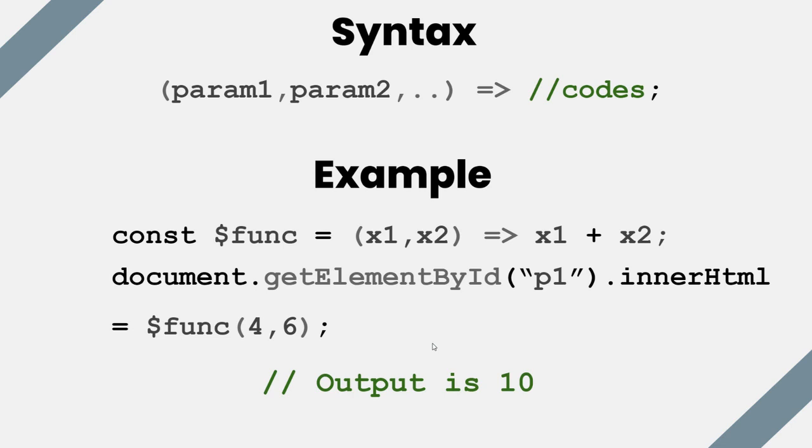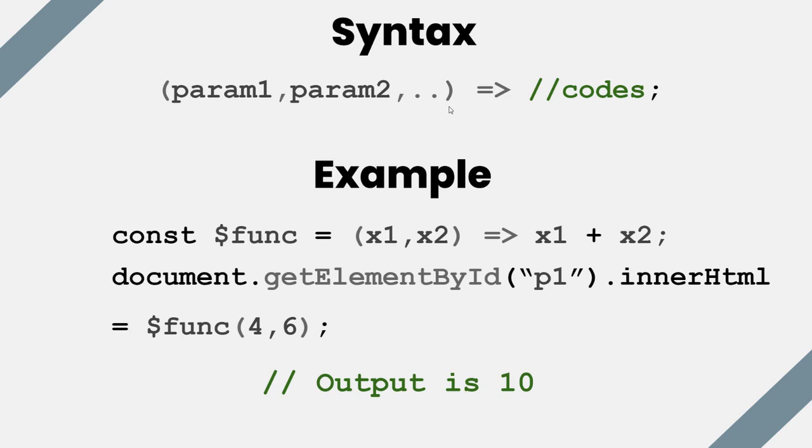So here we have the syntax and the example of the arrow function. And as you can see, it's very straightforward. We only have the parenthesis which holds our parameters. Here you can see them to be param1 and param2, and then there is something like an arrow after the parenthesis.